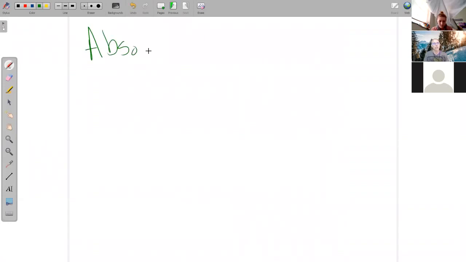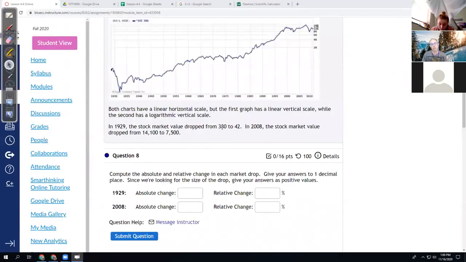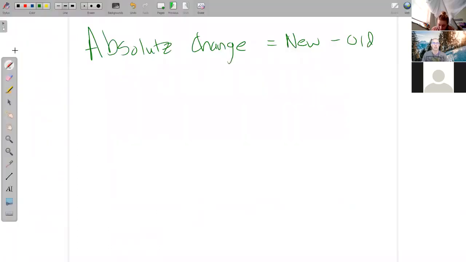Absolute change is equal to the new amount minus the old amount. For 1929, they told me it dropped from 380 to 42. So 380 is the old amount, 42 is the new amount it dropped to. That's absolute change: subtract the two numbers in the right order.